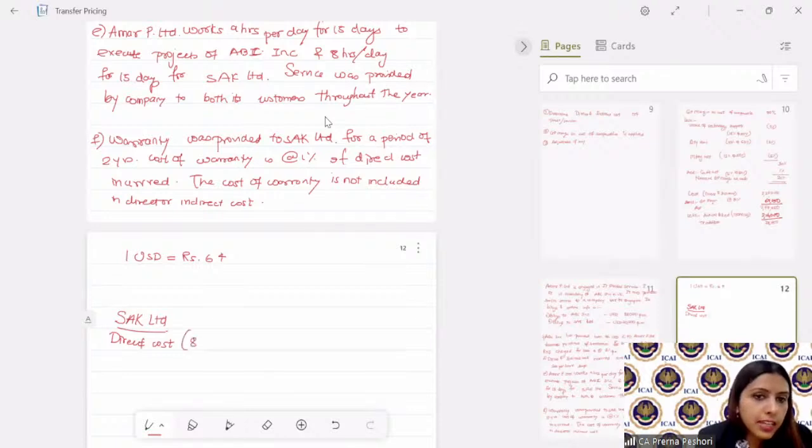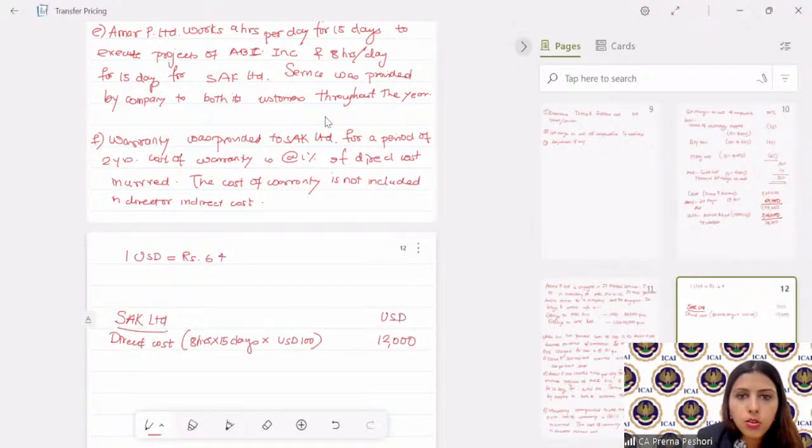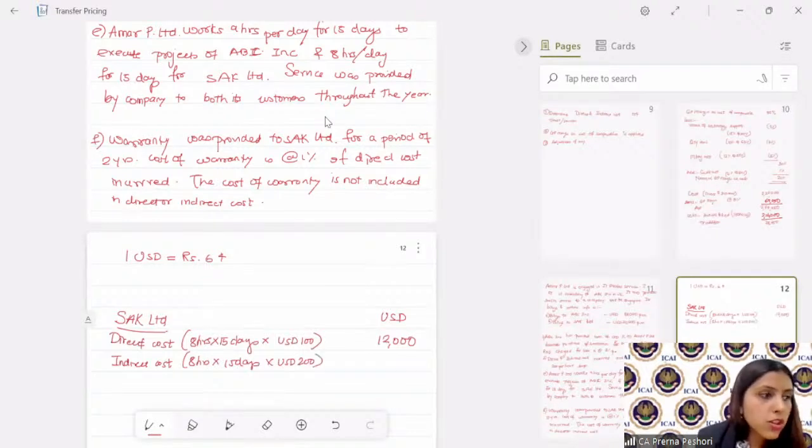So 8 hours into 15 days into USD 100 gives me 12,000 USD. This is all in USD, right? Similarly, for indirect cost, it is 8 hours into 15 days into USD 200, which gives me 24,000. This gives me total cost as 36,000.